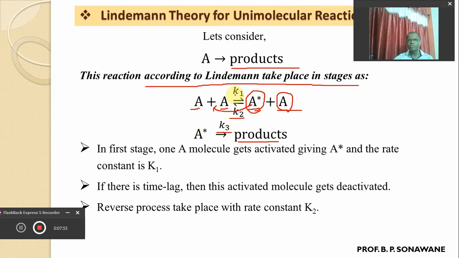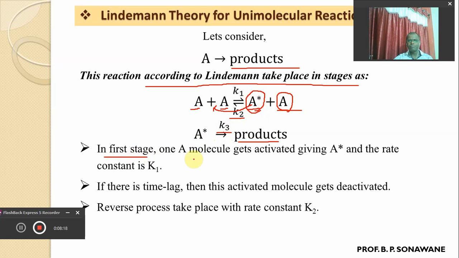K1 is the rate constant for the formation of the activated molecule. K2 is the rate constant for the deactivation of this activated molecule, and K3 is the rate constant for decomposition of A star, the activated molecule, or simply the rate constant for the product formation.